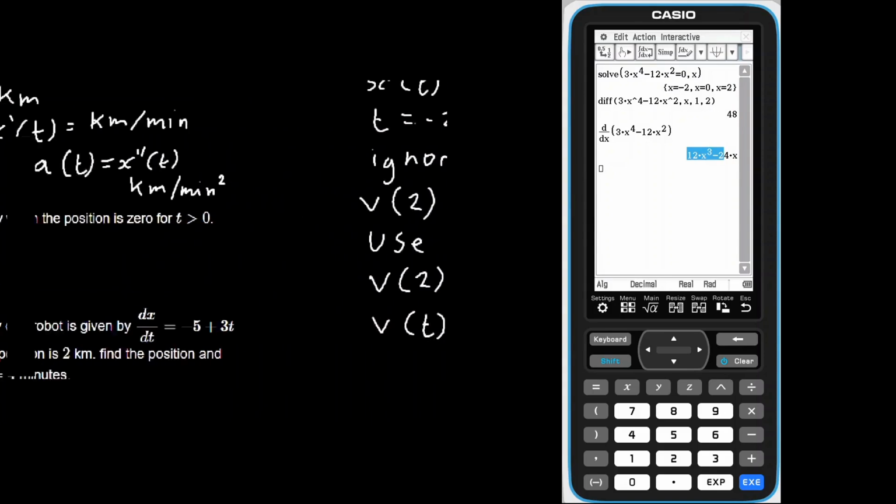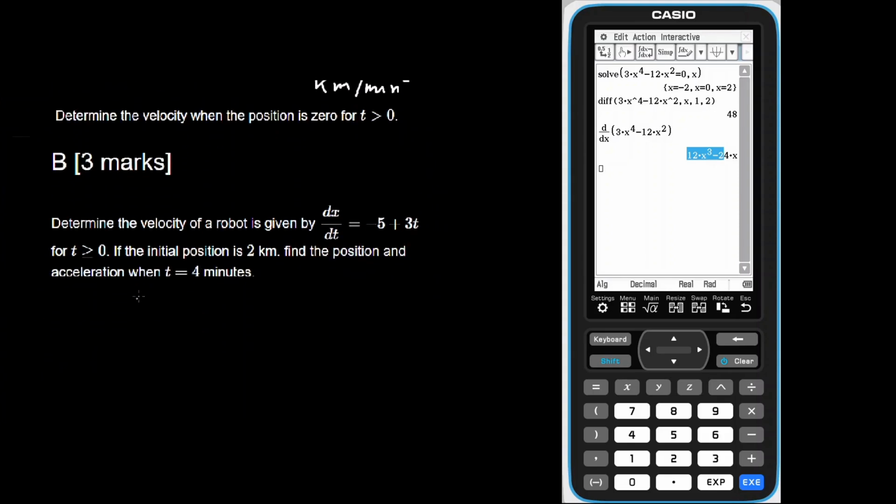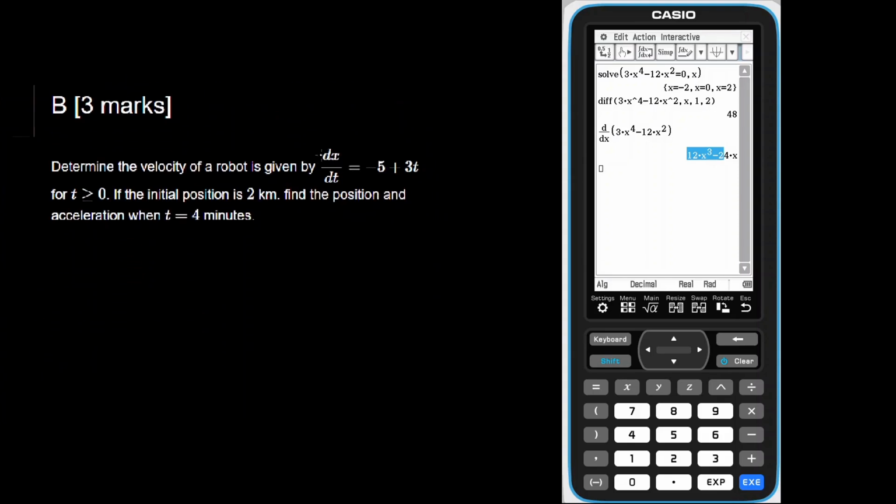The next question is asking us to determine the velocity. The velocity of the robot is given by this, so it's a new velocity. And if the initial position is 2 kilometers, find the position and acceleration. We're given the velocity, v of t is equal to minus 5 plus 3t.